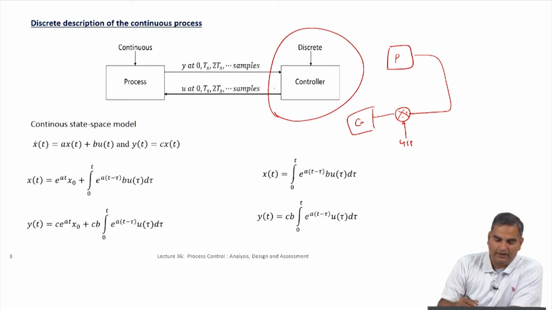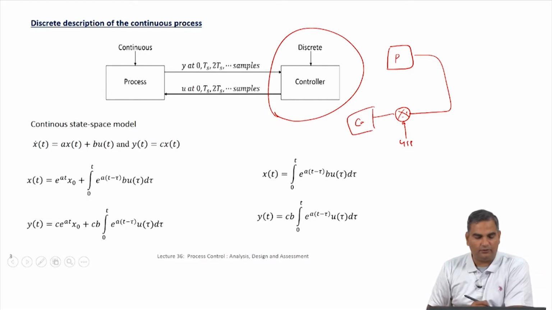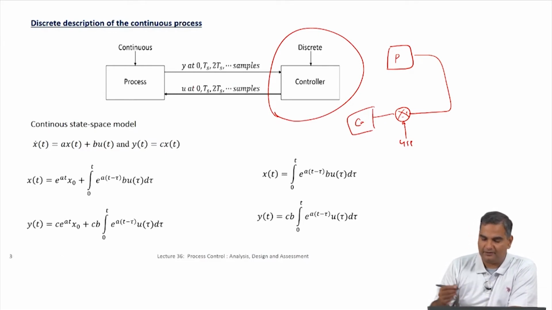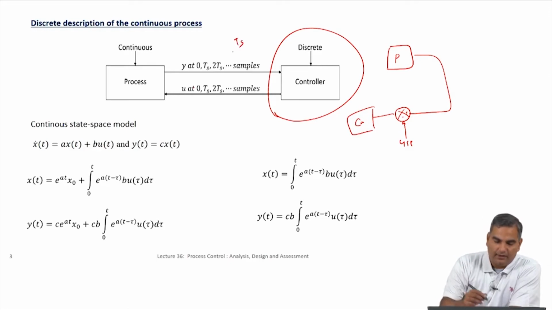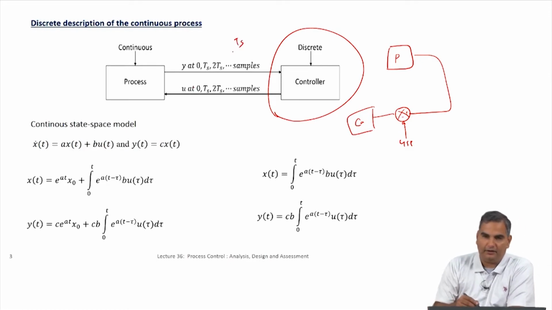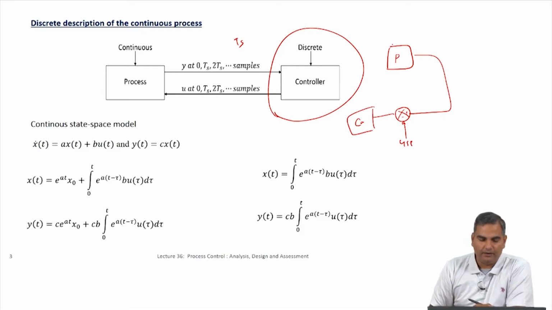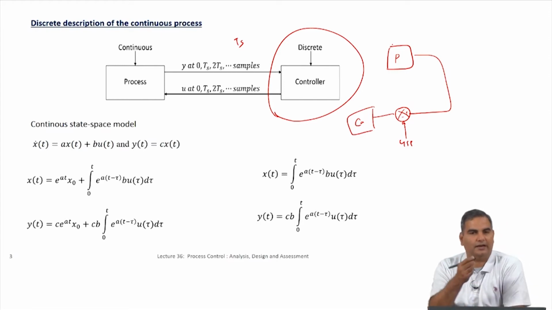What we are saying is we are only looking at the values at discrete time intervals: 0, Ts, 2 Ts, 3 Ts, where the sampling time is Ts. In the continuous case, the controller went back and manipulated some u, and that acts on the process. That basically said the u is acting at all times. So, I keep changing u continuously.